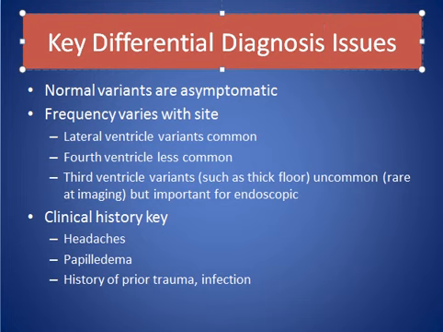Lateral ventricle variants are common, fourth ventricle variants are less common, and third ventricle variants such as a thick floor are uncommon and rare at imaging, but important for endoscopic operation.